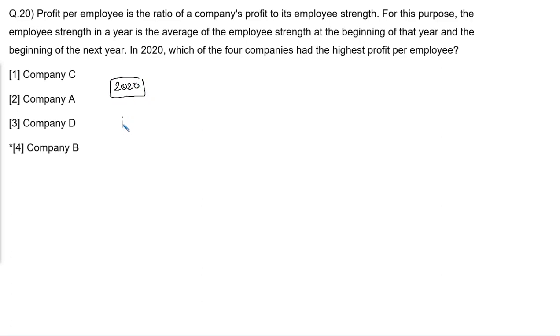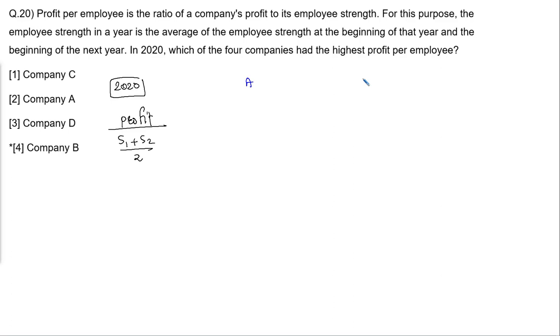We need to find the ratio of total profit divided by strength 1 plus strength 2 divided by 2. The average of the strength, which strength? Total number of employees at the beginning of 2020 plus total number of employees at the beginning of 2021 divided by 2, average.